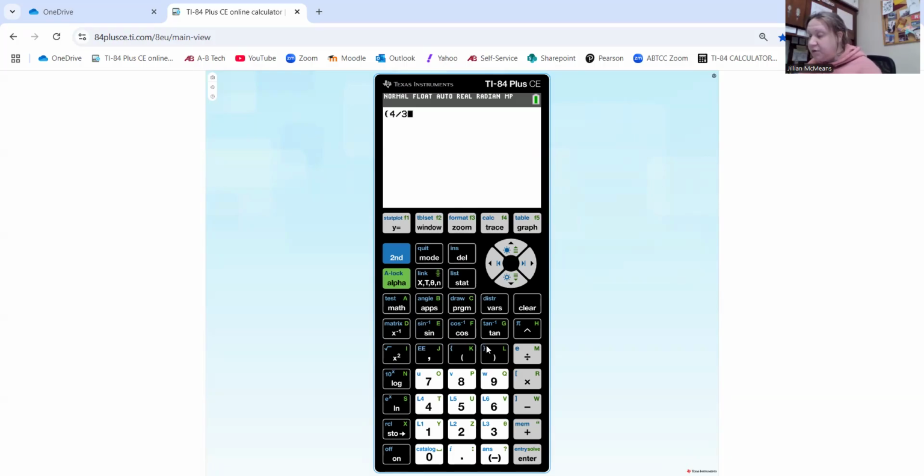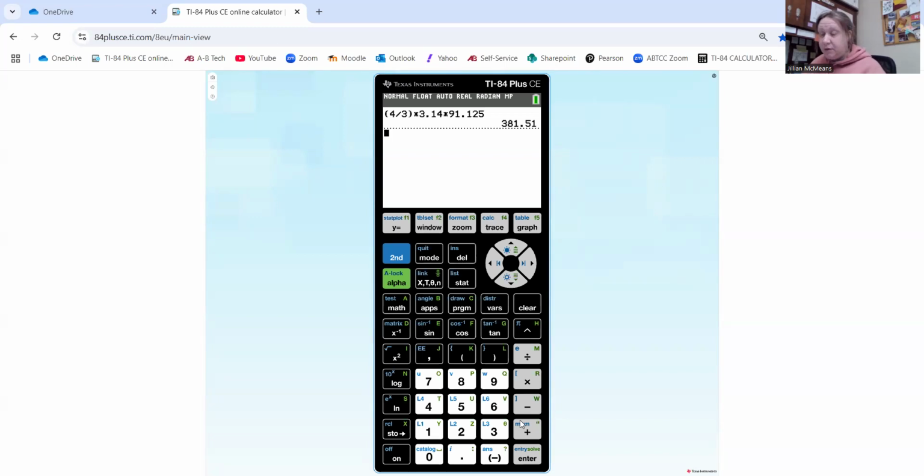So 4 divided by 3, then multiply by 3.14 for pi, and then multiply by the 91.125, which was 4.5 to the third power. And we get 381.51. That's the volume of this particular basketball.